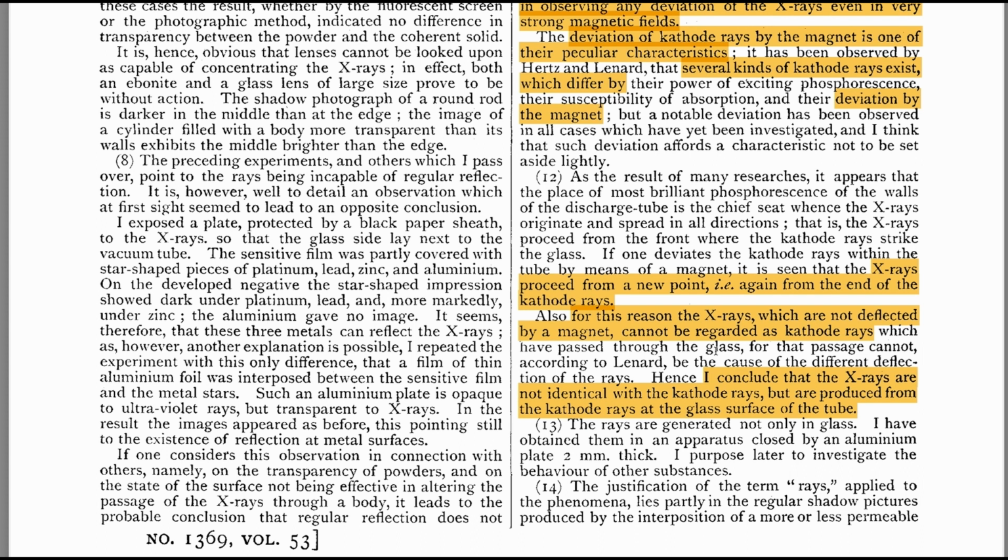So with these three distinct characteristics, he asserts that X-rays are actually produced from the cathode rays at the glass surface of the tube that he used, which I already showed you with the model.